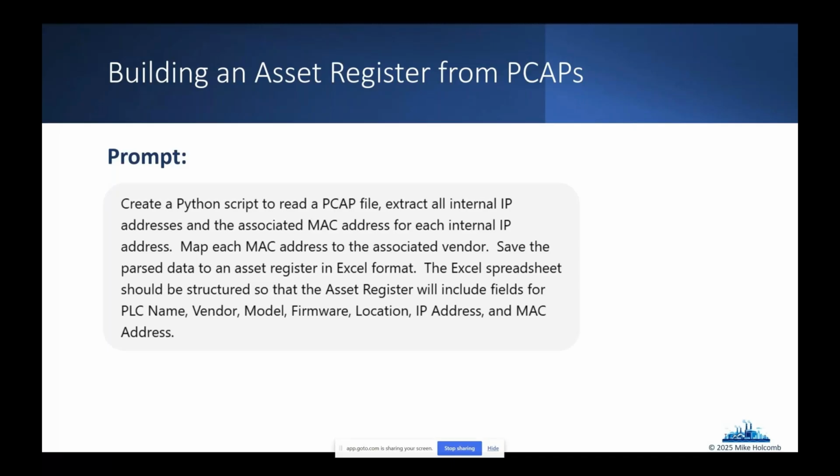So if you take those MAC addresses and do the reverse lookup, you can actually see who the vendor of that system is. It's like, wow, that's awesome. And so it can help you start to build that asset register.